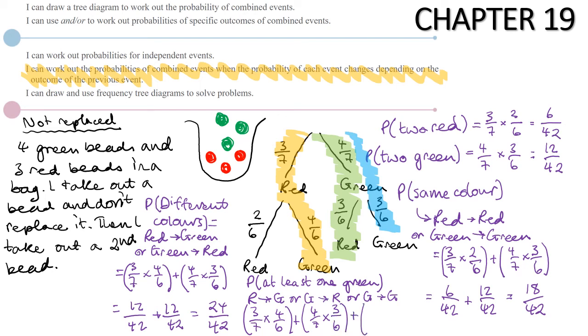And then for the last branch, that's going to be the green one, 4 over 7 times by 3 over 6. So I'll multiply them and add them in a little space I've got. So I'll have 12 over 42 plus 12 over 42 plus 12 over 42. That will leave me with 36 over 42.